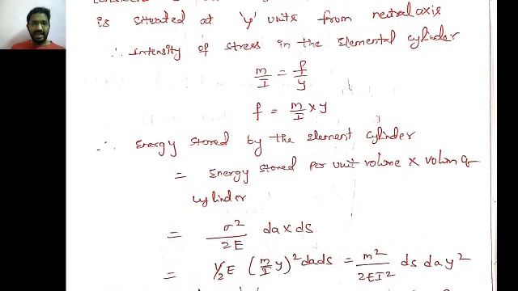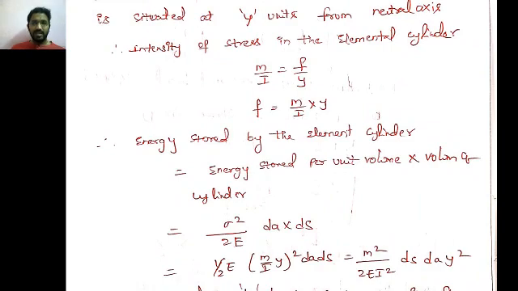What is the energy stored by the elemental cylinder? The energy stored by the elemental cylinder equals the energy stored per unit volume into the volume of that cylinder. We already derived the energy stored due to axial load, so we take that formula here: energy stored per unit volume equals sigma square by 2E, into the volume of the cylinder. The normal formula for volume is area into length.